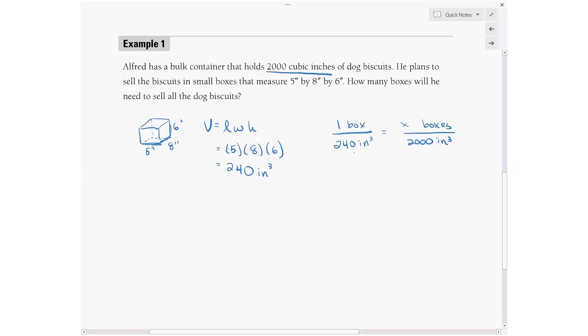So cross multiply. Now we've got 240 times x is equal to 1 times 2,000. So we need to get x by itself. We're going to divide by 240, divide by 240. 240 divided by 240 is just 1, and 2,000 divided by 240 is 8.3.